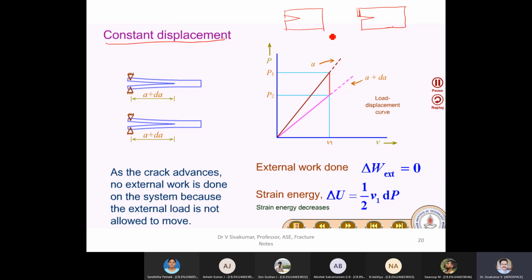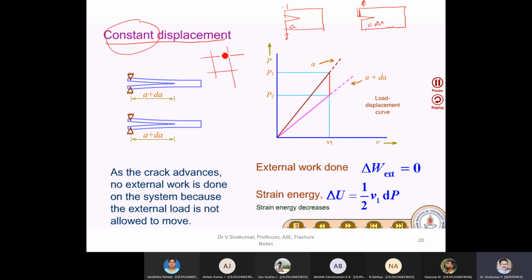This is crack length A, and this is crack length A plus delta A. Here also we are applying the same system of load, but here it is constant displacement. There we saw constant load; here I am seeking constant displacement.